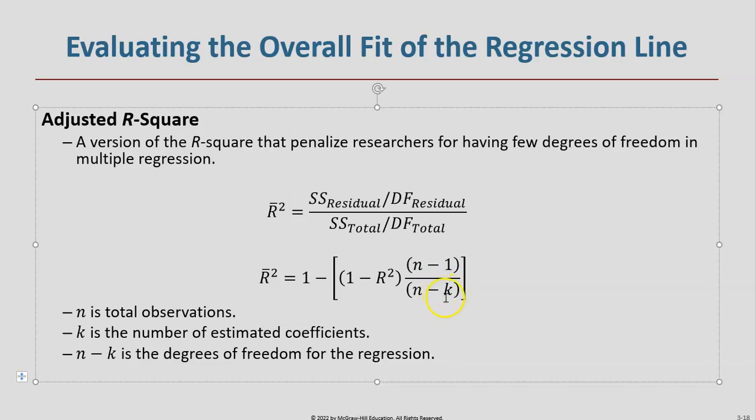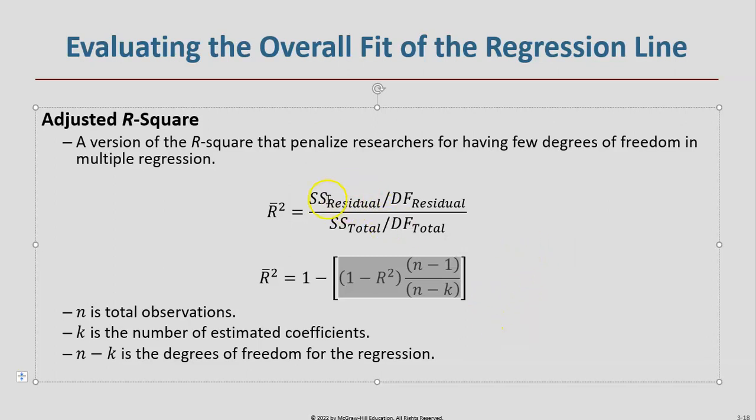And note that as the number of regressors increases, this ratio will be greater than 1. And 1 minus R-squared multiplied by the fraction on the right will rise above 1 minus R-squared. And so 1 minus the expression in the brackets will reduce R bar squared below the R squared statistic.